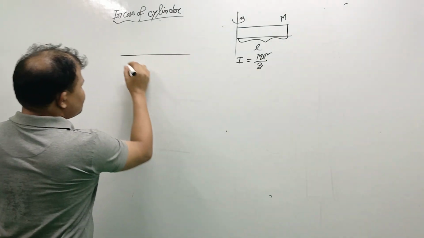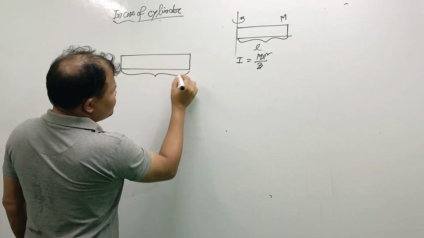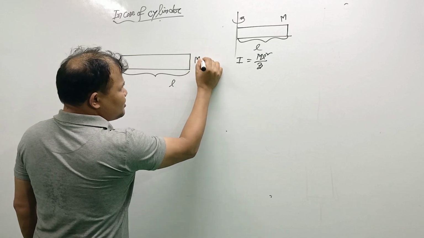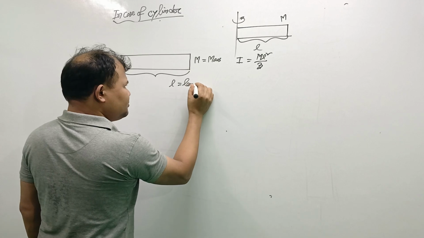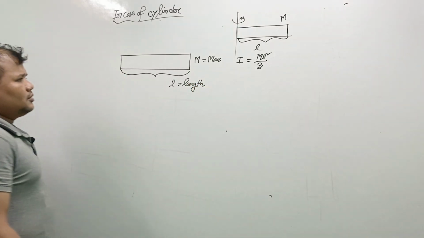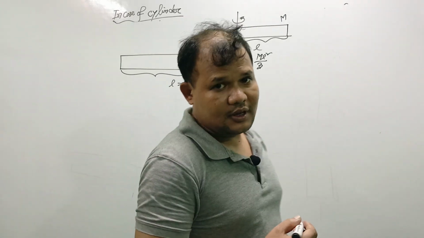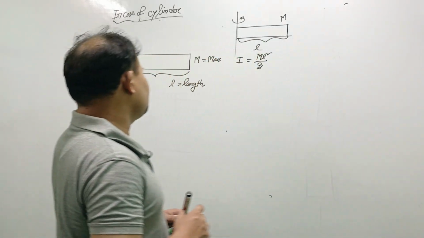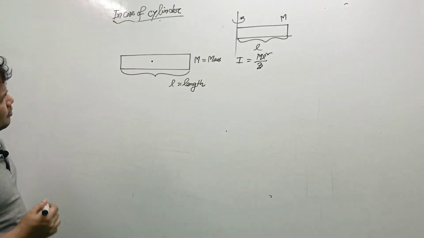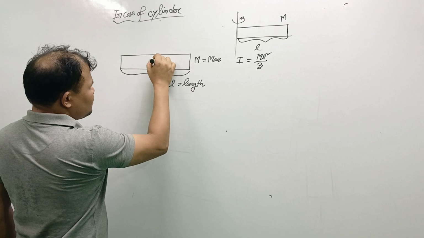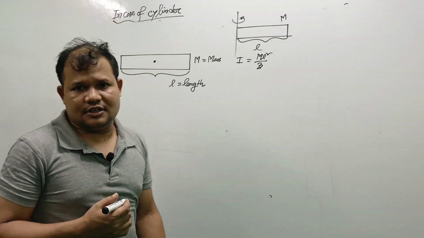Try to understand. Suppose this is a uniform rod, the length of this uniform rod is L, and m is the mass. Before applying the parallel axis theorem, at first we find the moment of inertia about the axis passing through the center of the uniform rod, that is, the center of gravity.